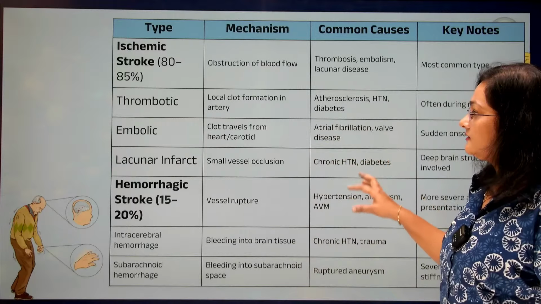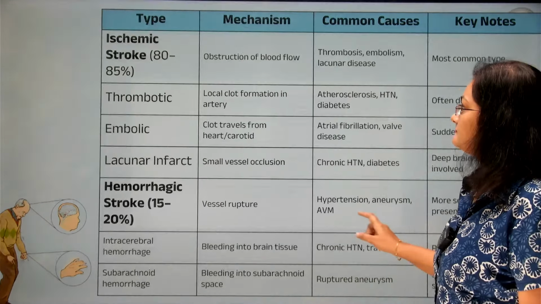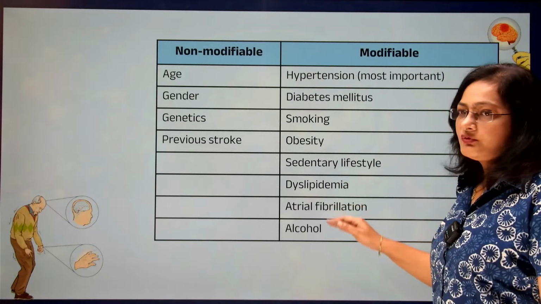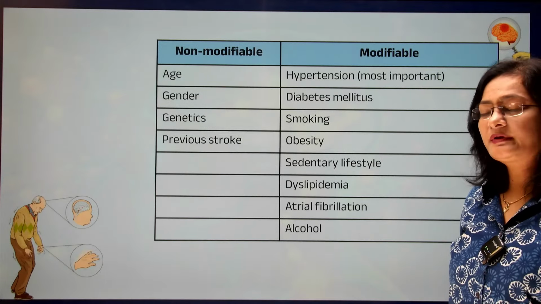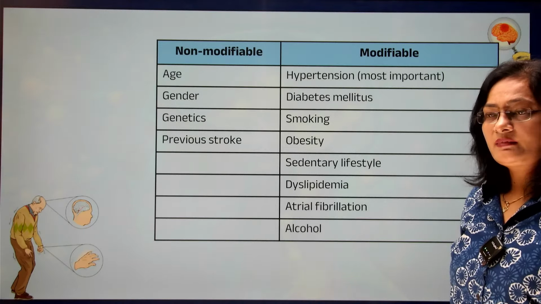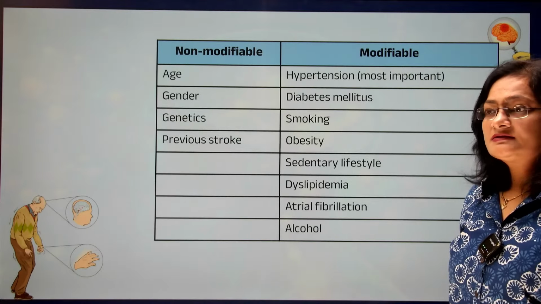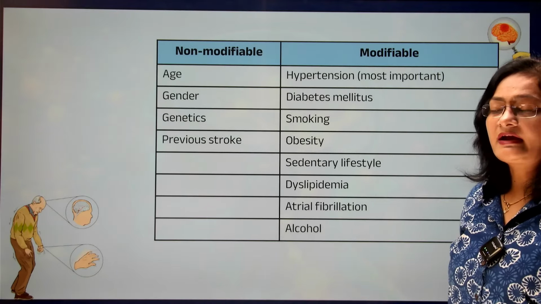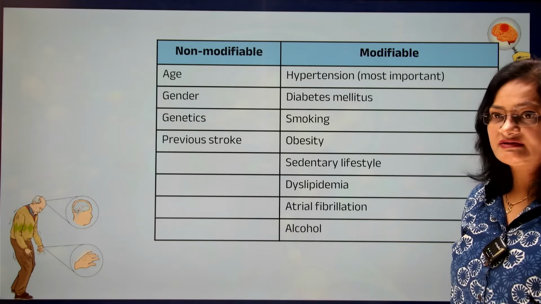So now related to this table, we are going to solve some of the MCQs. Now, before that, some of the predisposing factors for the stroke. So, predisposing factors, they are mainly divided into non-modifiable factors and modifiable factors. Non-modifiable factors which we cannot change, that includes age, gender, genetic, and previous history of stroke.